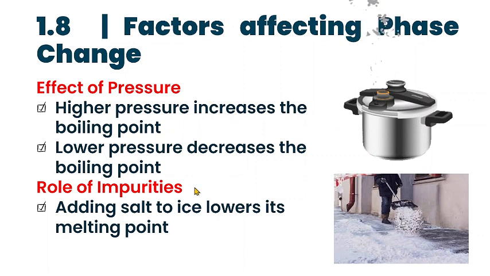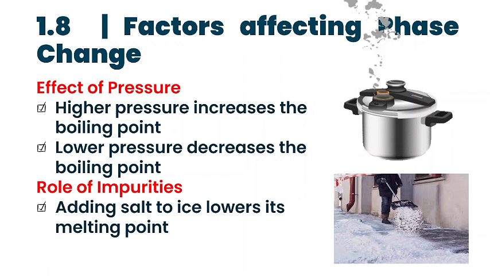What about impurities? Impurities are things supposedly not included in a pure substance or material. If there are impurities, there is also an effect, or they can also affect phase change.